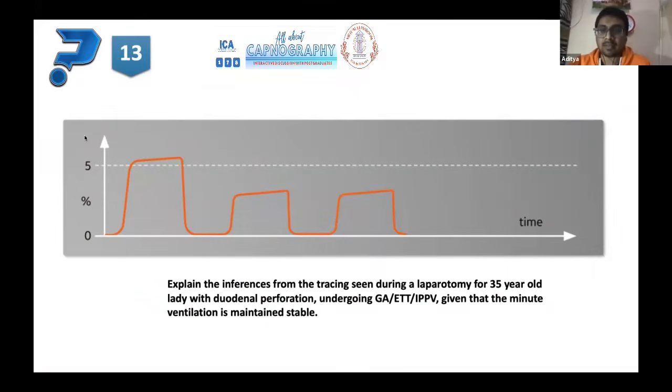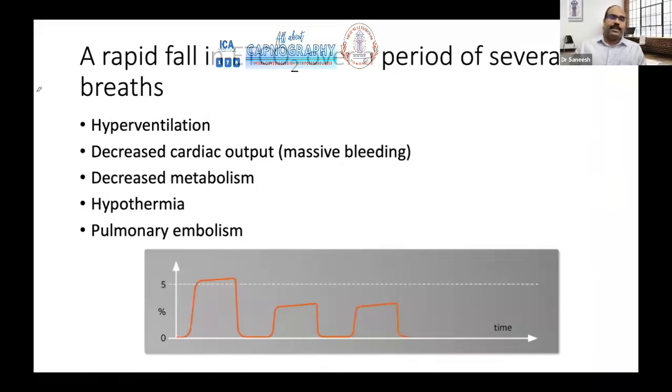So this could mean that there's uncontrolled bleeding, hypovolemia, or something that would cause a decrease in cardiac output, as the patient's CO2, despite a stable minute ventilation, has decreased. Yes, exactly. Fine. So a rapid fall in ETCO2 over a period of several breaths can happen when there is a sudden drop in the cardiac output.